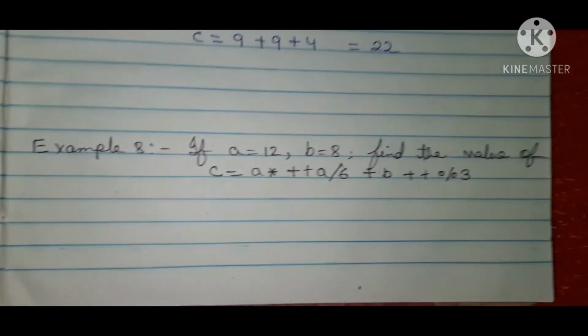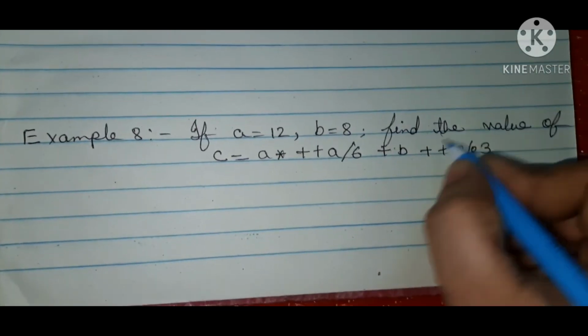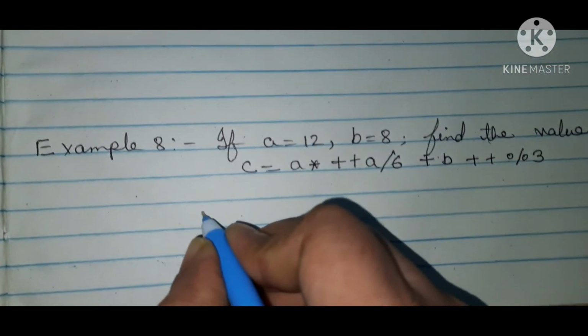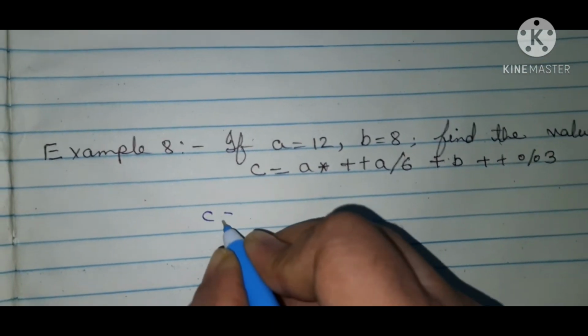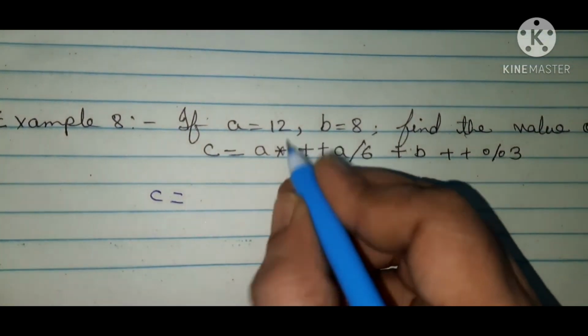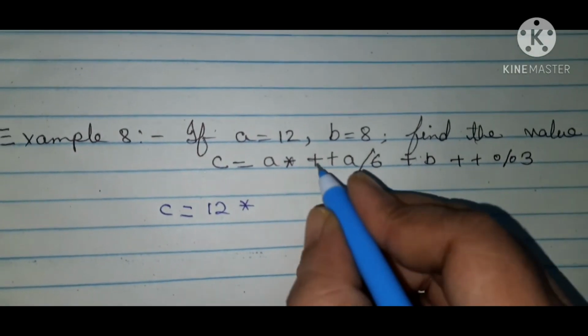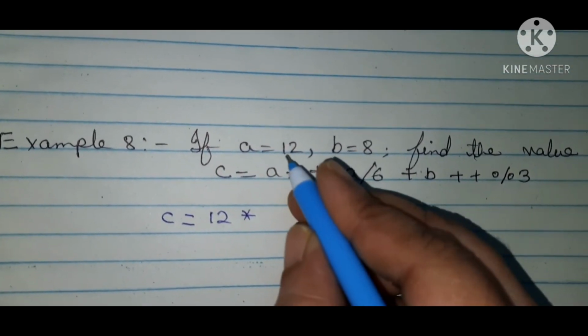Next one, here A's value 12, B's value 8. Find the value of C. So here again we are writing C equal to, then A's value 12, so it is the normal one. So 12 multiplied plus plus A. Now first we'll increase.